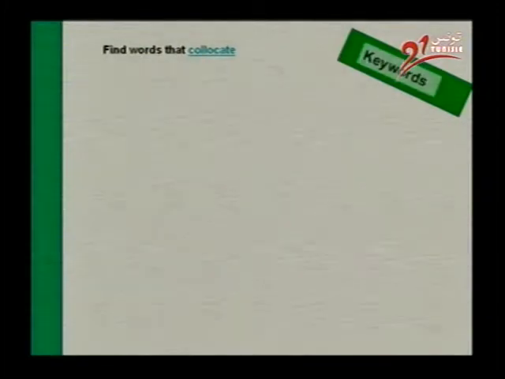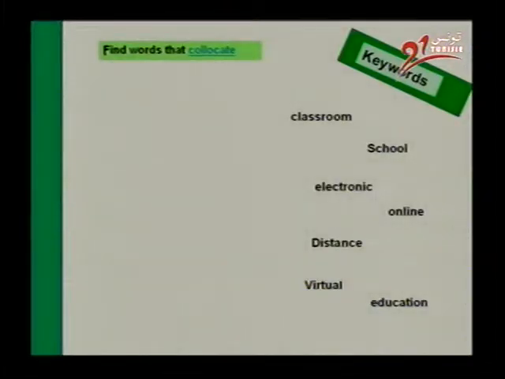Look at the following words: school, electronic, classroom, online, distance, education, virtual. What you have to do is to try to find two categories or two groups in which we can categorize these words.